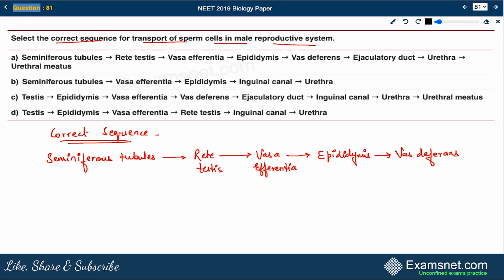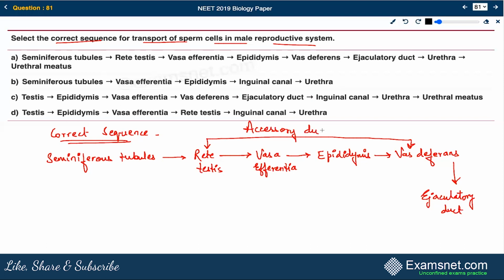And then there will be the ejaculatory duct, where the sperms will be stored along with the secretions from the accessory glands. All right. Now let me tell you that all these four are in the category of accessory ducts.